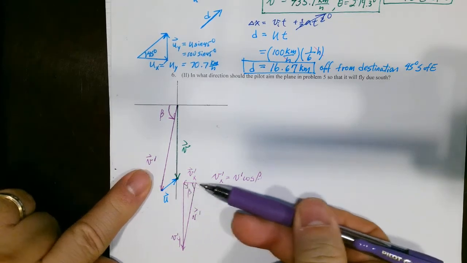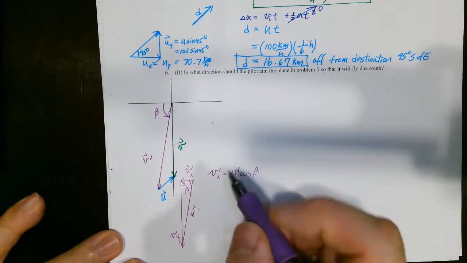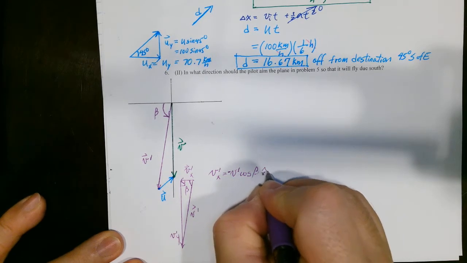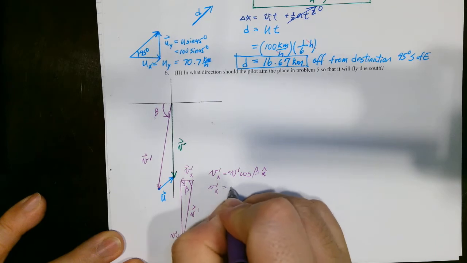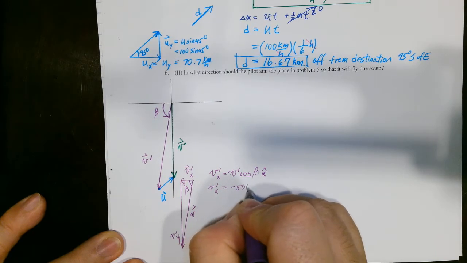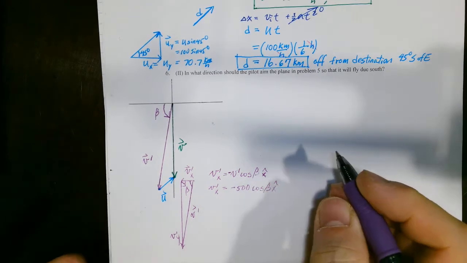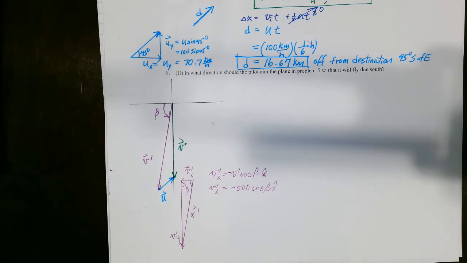But it is going in the negative X direction, so this has to be a negative value. So my V prime X is equal to negative 500 cosine beta X hat. I'm running out of purple. Let me see if this purple works.